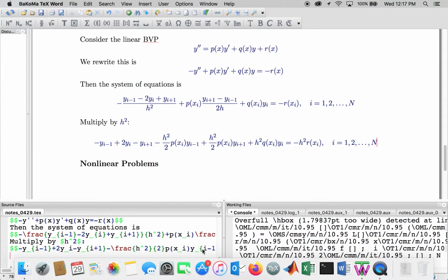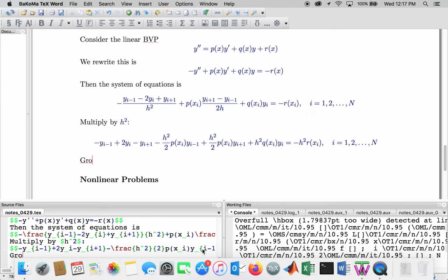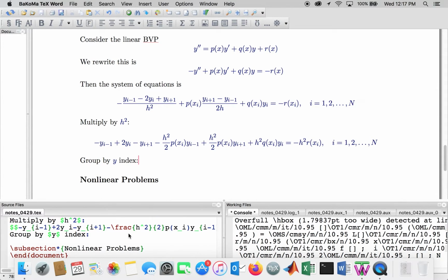Now, the next thing I'm going to do is take terms of the same index of y, so y i minus 1 or y i or y i plus 1, and group all of those together. So first, y i minus 1.